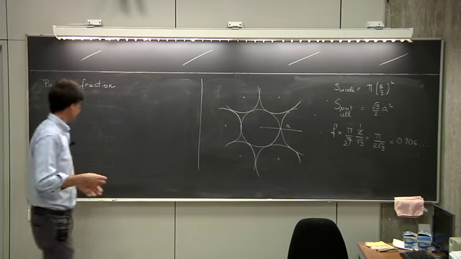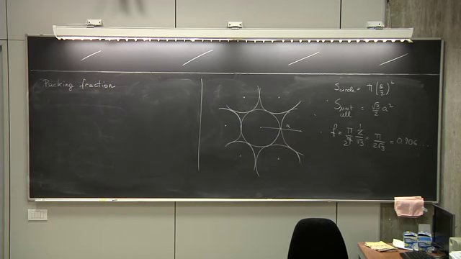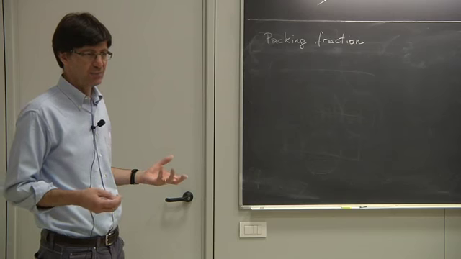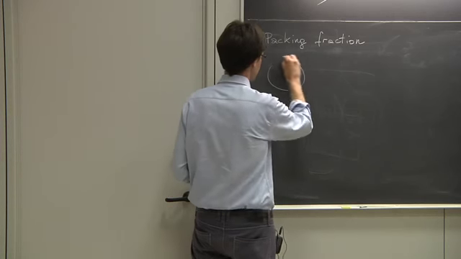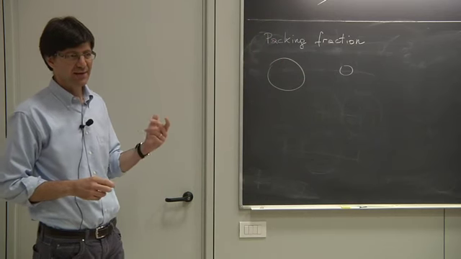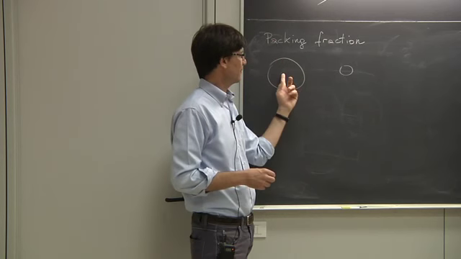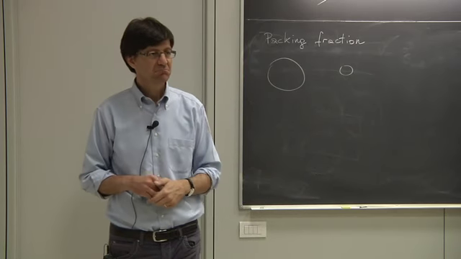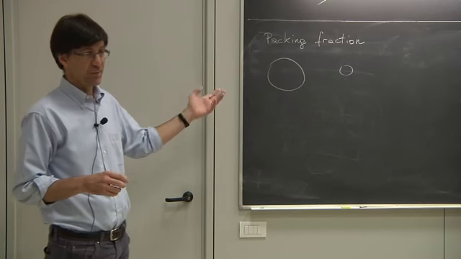An obvious example is, say, a binary system, a crystal made of two atoms, a big one and a small one. What is the best way to pack an object made of an equal number of big spheres and small spheres? Even in 2 dimensions.